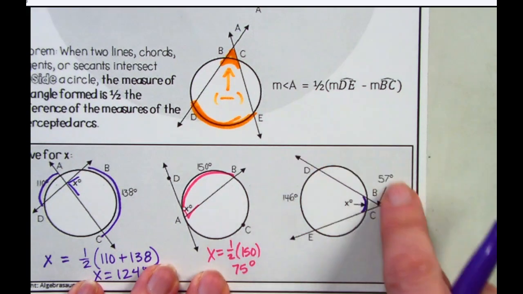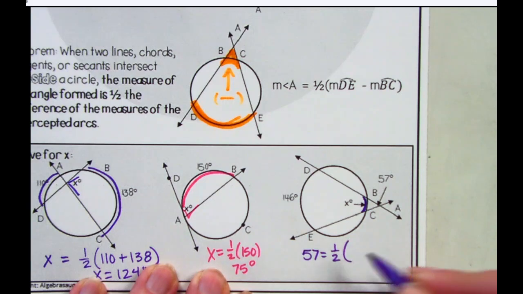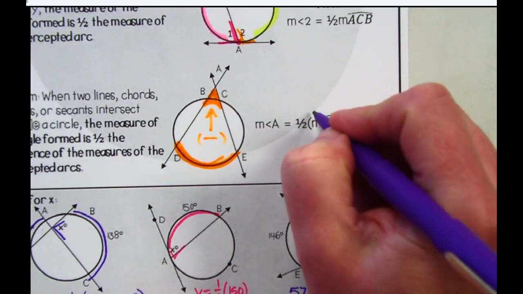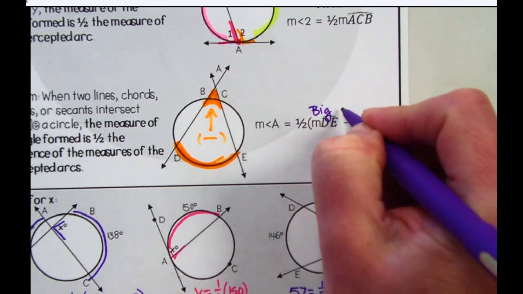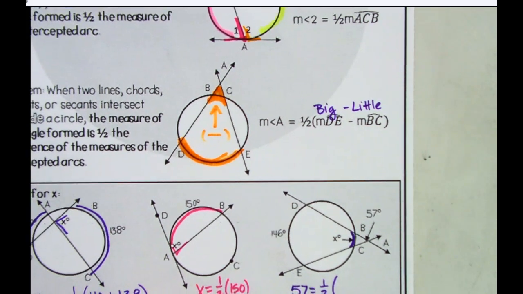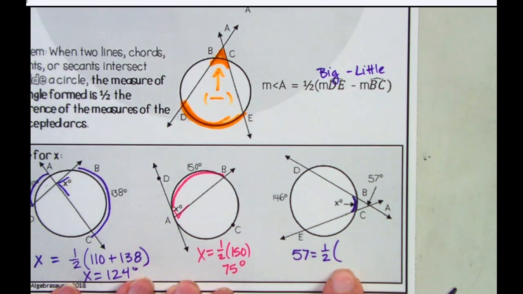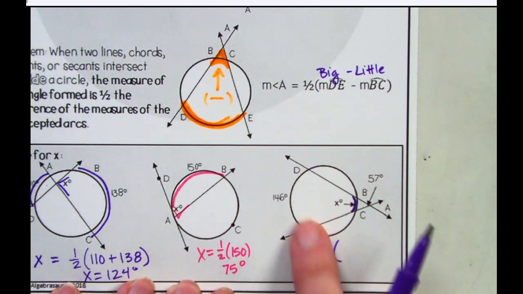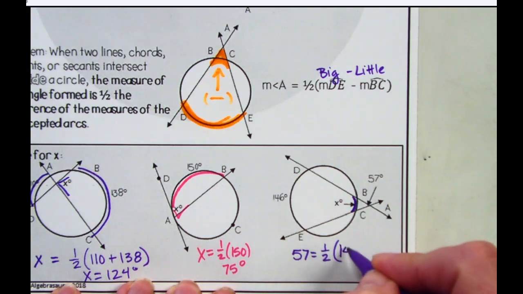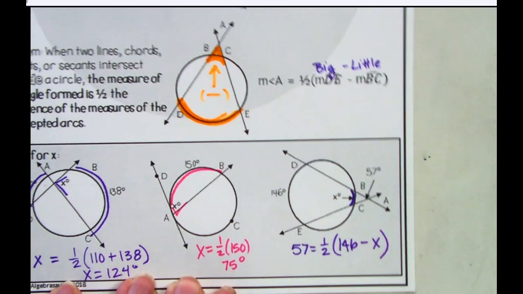Do I know the measure of the angle? 57 is half of, and I might add to this, big minus little. That just helps me. Big minus little. So half of, which one's the big? 146 minus what? X. Yeah, that's what we're looking for, X.